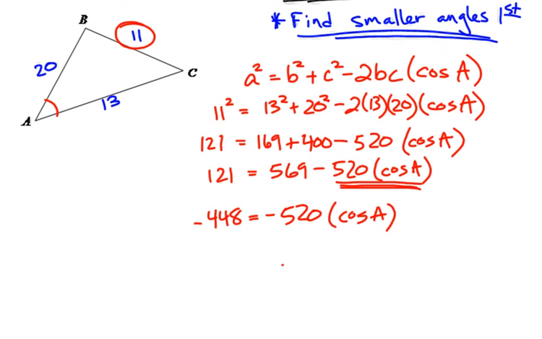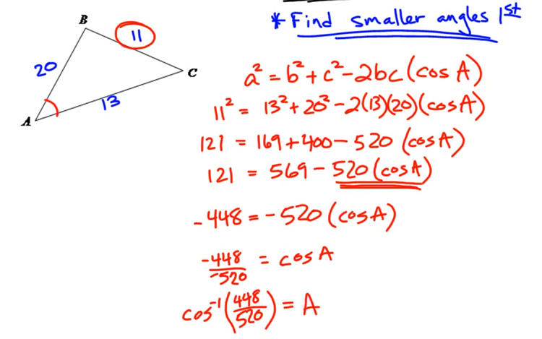So as we do this, cosine of A will be equal to negative 448 divided by negative 520. And since we're trying to find an angle, we will utilize the arc cosine of that ratio to find angle A. So we punch in arc cosine of negative 448 over negative 520.